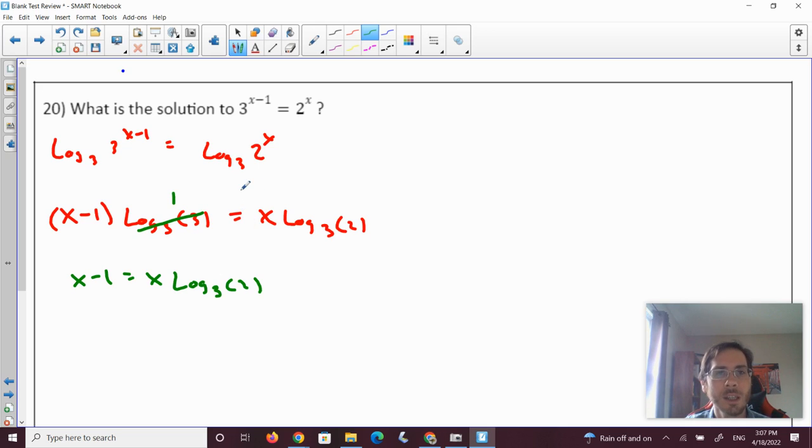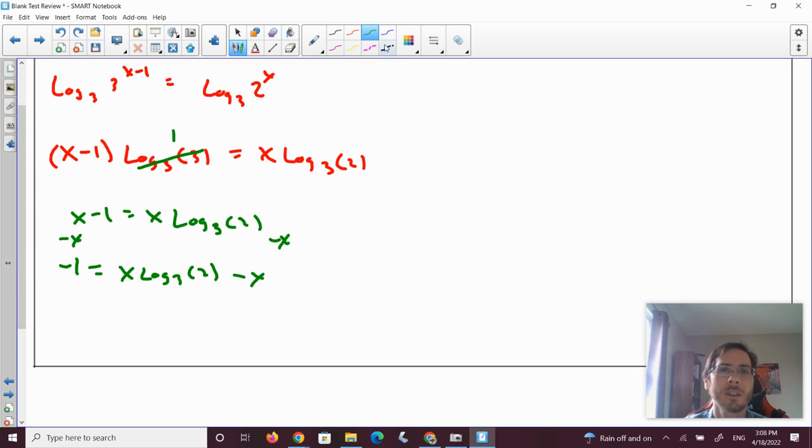So I need to get x by itself. What I want to do is subtract x on both sides. We're going to put all the x's on one side, and that's pretty normal. We usually do that when we try to solve equations. We get all the x's on one side. But here, since these both have x, I want to do a greatest common factor of x.